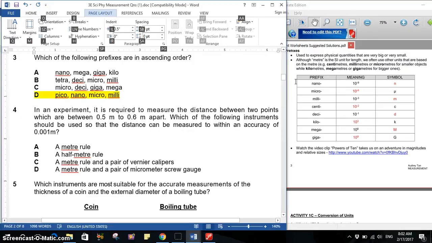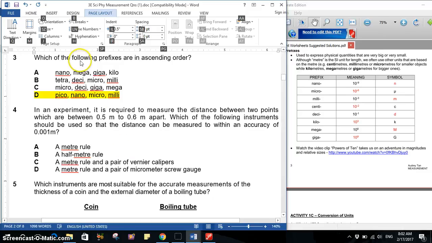We can't quite measure the angle between your eye and the reading. In the next question, they ask you for another error other than parallax error that you need to take care of. And one other thing that you always need to take care of whenever you use vernier calipers or micrometer screw gauge is your zero error.